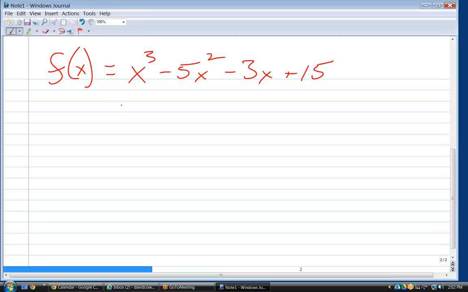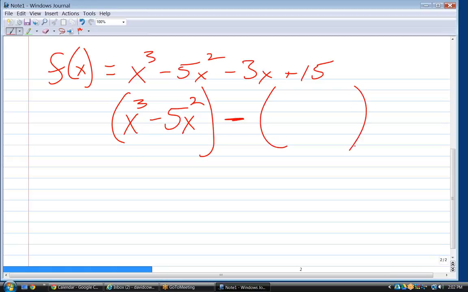So if I want to group the first two terms together, I put a parentheses around it. What goes in this set of parentheses? 3x plus 15. If I write that, is that the same as the top?